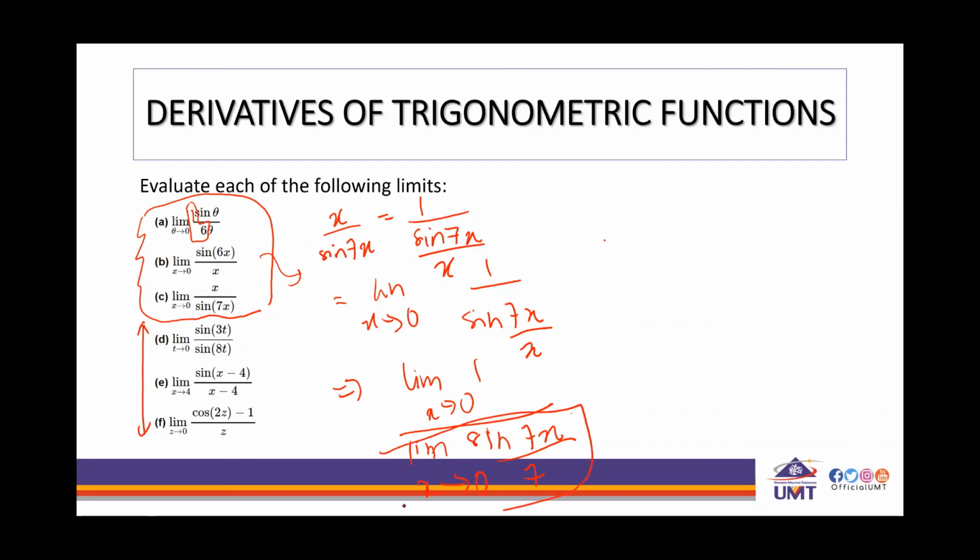The limit of sine 7x over 7x, do it like this. Just now we got the answer 6, right? So in this case, if you calculate slowly, relax, and try to understand the logic, you will get 7. Because the top is 1 and the bottom is 7, so this is 1 over 7. The answer for C is 1 over 7.